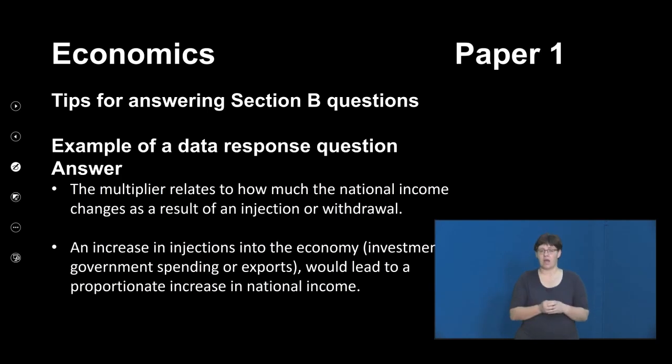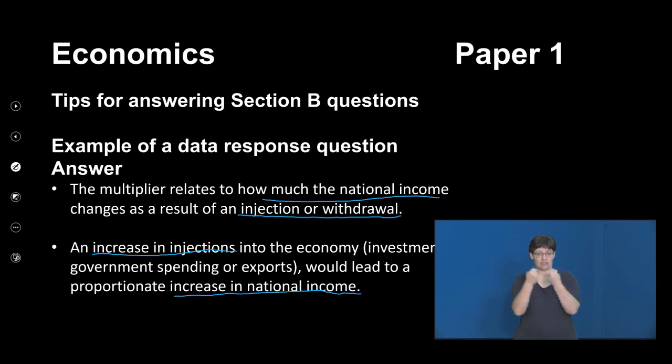The multiplier relates to how much the national income changes as a result of an injection or a withdrawal. An increase in injections into the economy, we are looking at our injections, investment, government spending, or exports, will lead to a proportionate increase in national income.